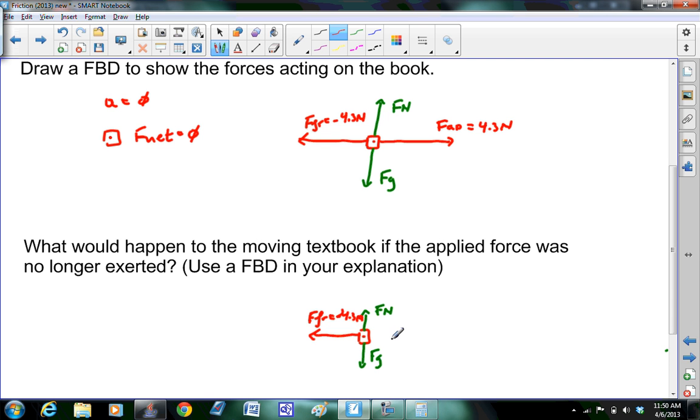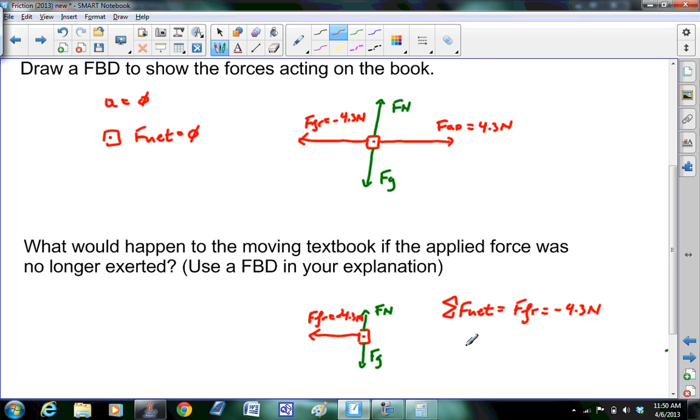However, because I don't have an applied force, we actually now have a net force. And the net force happens to equal the force of friction. So the sum of the forces, or the F net, is going to equal the force of friction in this situation, which equals 4.3 newtons backwards.